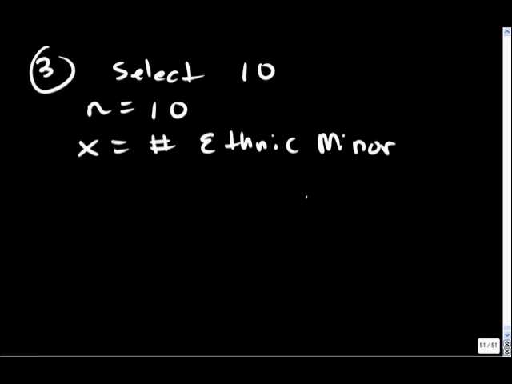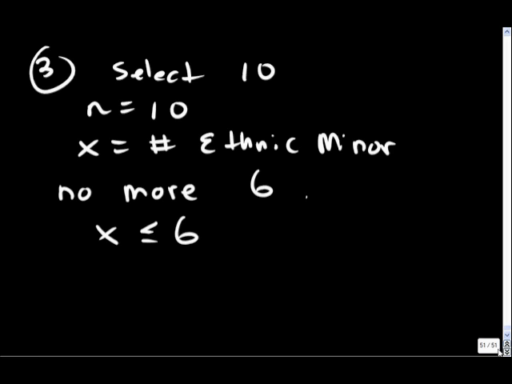So you're going to select 10, and they're going to ask you the question, what's the probability of selecting no more than 6 ethnic minorities? So x here is less than or equal to 6.